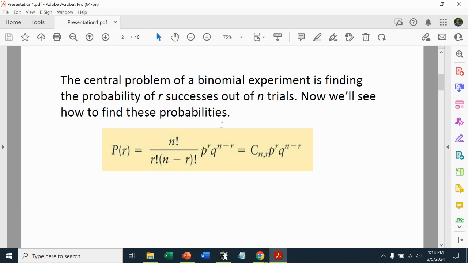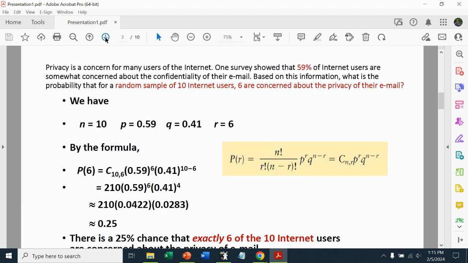It's fairly complicated: the combination of n things taken R at a time, times the probability of a success, P, to the R, the number of successes you have, times Q, the probability of a failure, raised to the n minus R power. It's not a tough formula, but there are ways of getting around it a lot easier using your calculator.